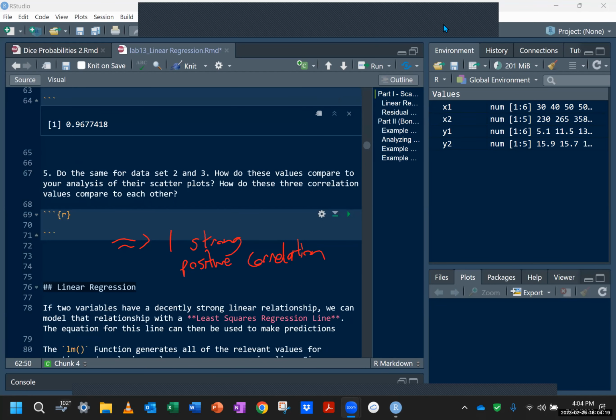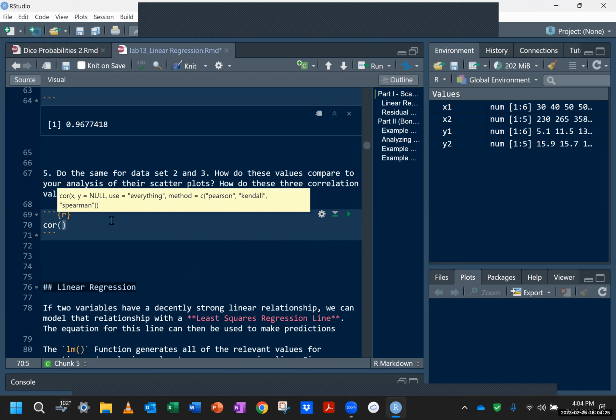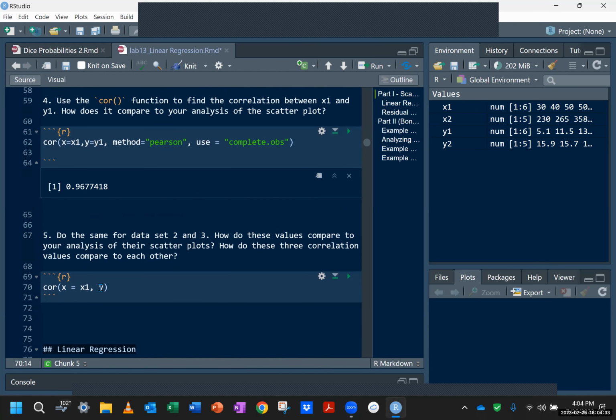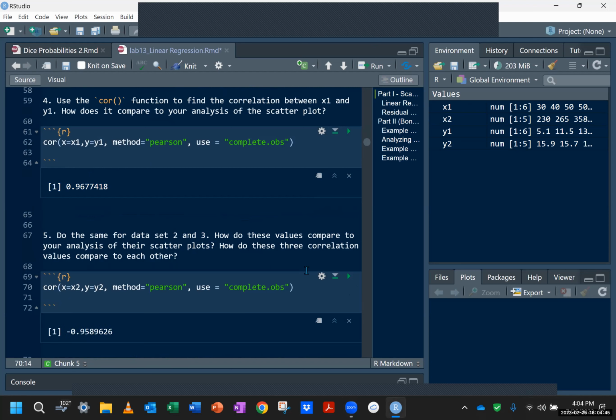Let's now find the correlation for data sets 2 and 3. For data set 2, we would say cor with x equals x2, y equals y2. I'm just going to copy this, I'm going to be lazy. It looks like we got a negative value.